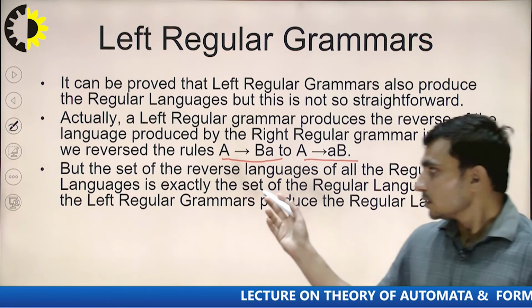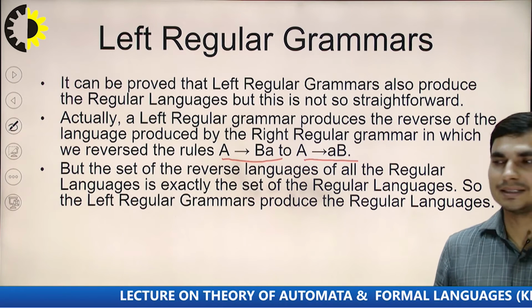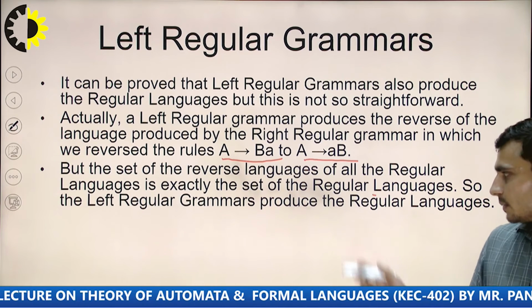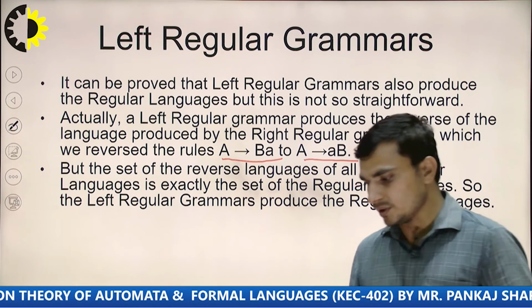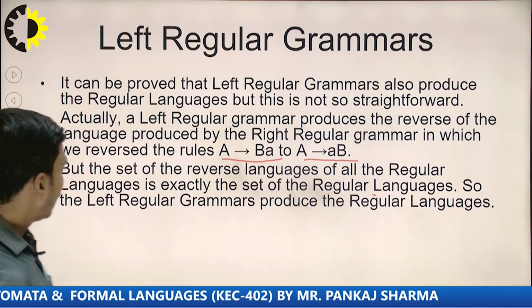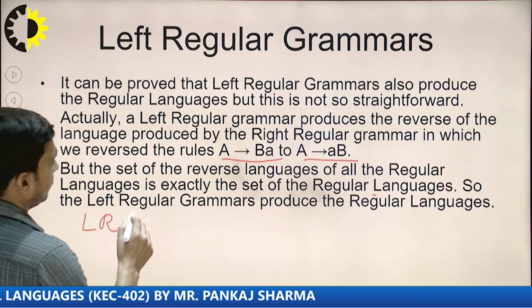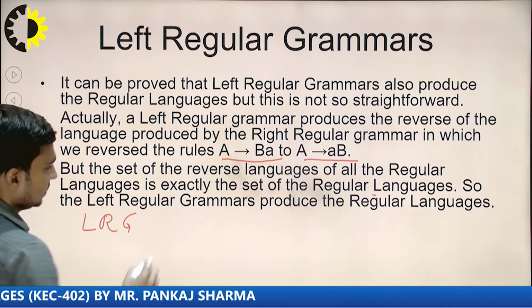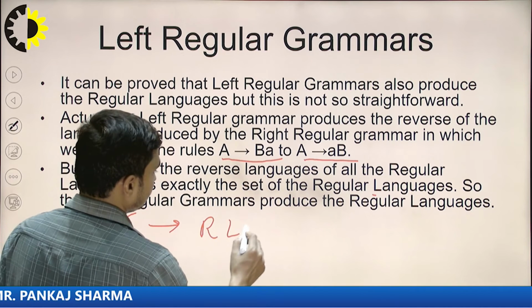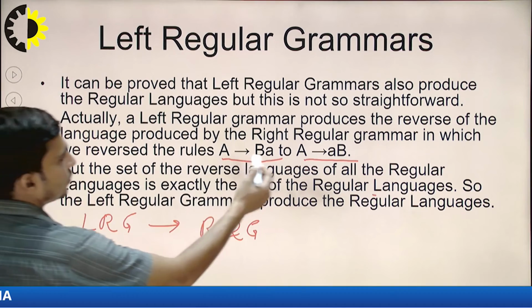and the set of reverse languages of all regular languages is exactly the set of regular languages. So the left regular grammar produces the regular languages also. To show that, first suppose we are having a left regular grammar, then we first have to convert it to a right regular grammar by reversing all the rules.